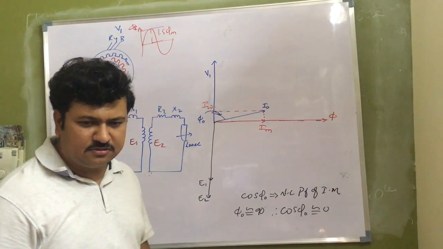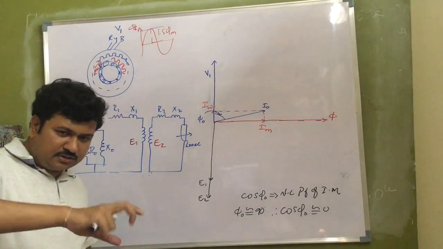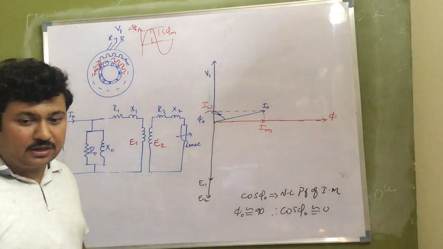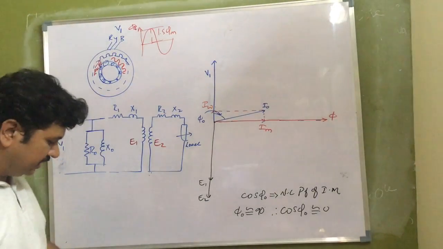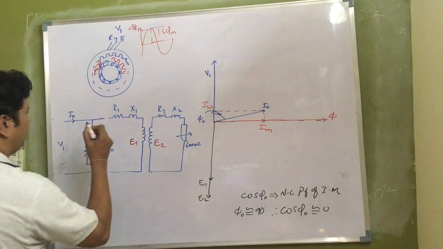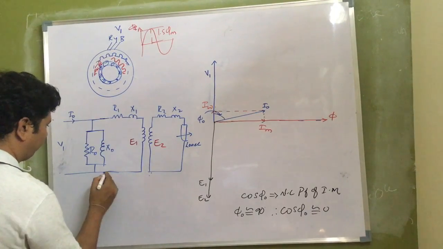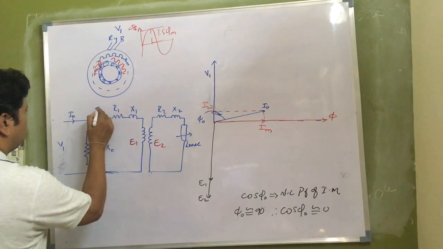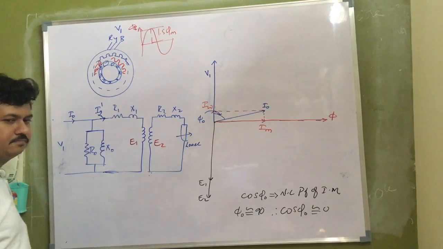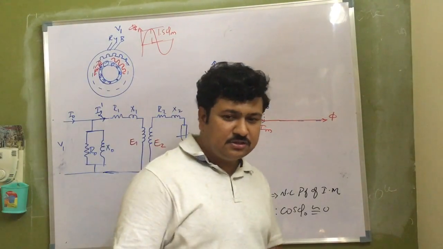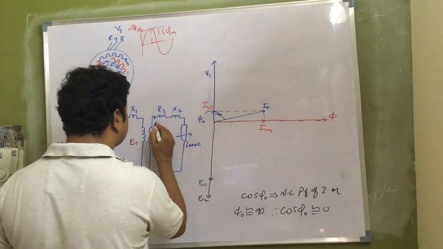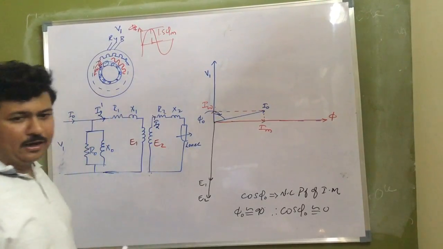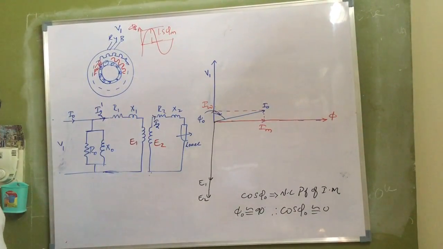Now what happens next? As I go on increasing the load on the induction motor, the current drawn from the supply starts increasing. Now this part of the circuit comes into the picture. Now this current is called I2 dash. This is I2, the load current. At no load the current is 0.